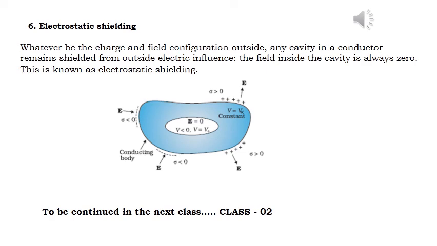During the rainy season and thunderstorm, if we are inside a bus or car, we are safe, because inside any vehicle, due to electrostatic shielding, there won't be any effect of the electric field. Whatever charge resides on the surface at any position is immediately discharged to the earth. That's why giving an earth connection is very important.